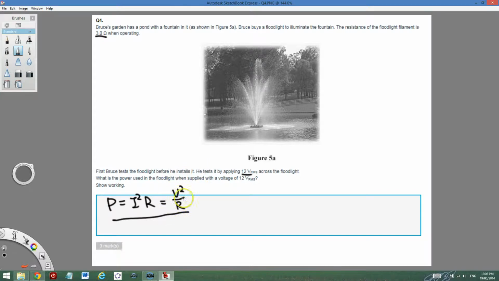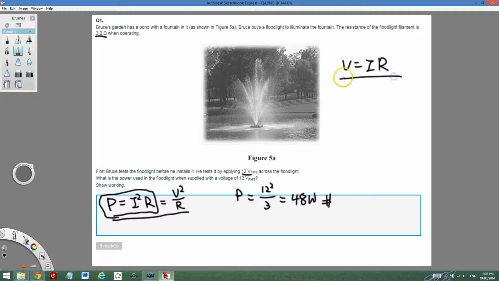If we use this equation, 12 volts squared divided by 3, you have 48 watts. Or you can still use the other part of the equation, but we need to find the current first using V equals IR. The voltage is 12, the resistance is 3, so the current is 4 amps.